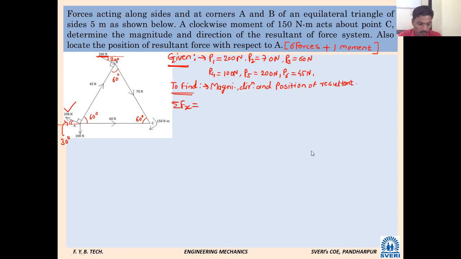Sir, 172.35. The variation is the same. Just check. Maybe for one of the forces we have committed a mistake. Or shall we solve? 186.61.